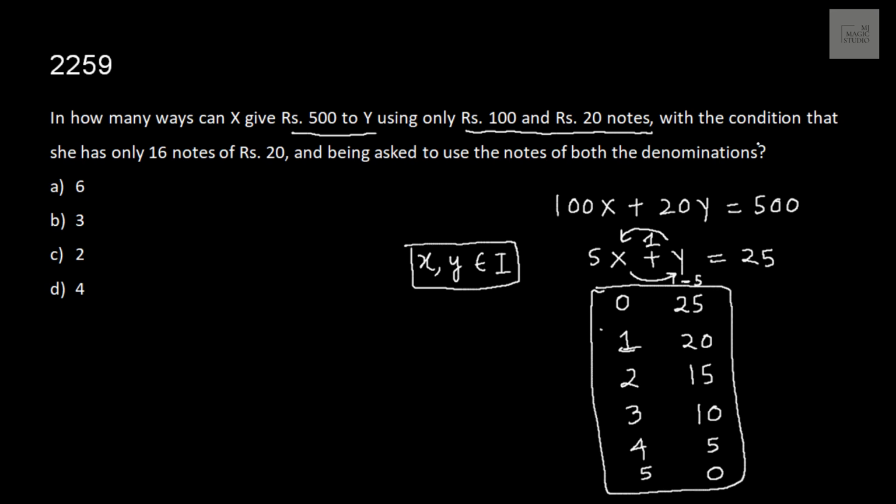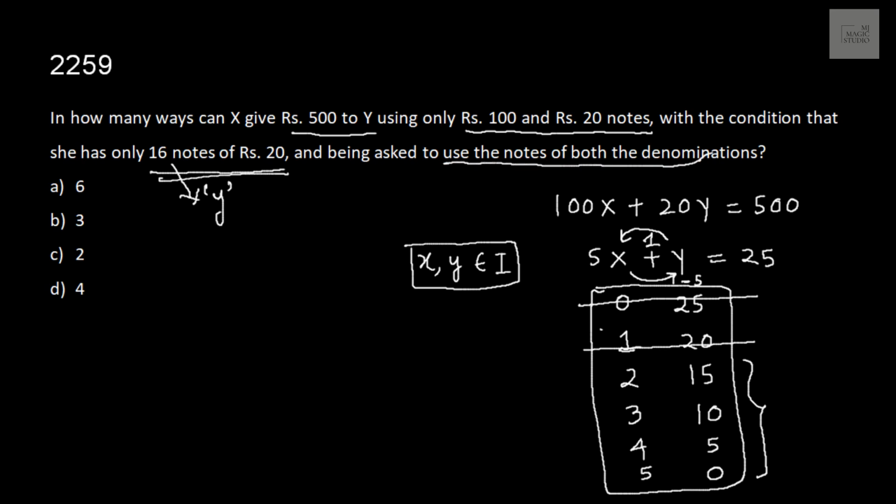Now, what is the condition given? The condition is that she has only 16 notes of y. That means the maximum value of y that we can have is 16. That means this is gone, this is gone. We are left with 4 sets of answers now. But again we have one more condition, and it says to use notes of both denominations.